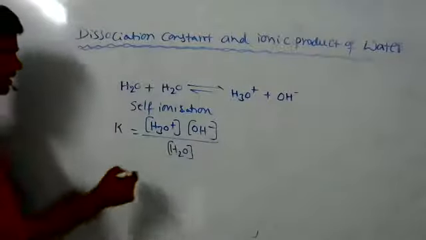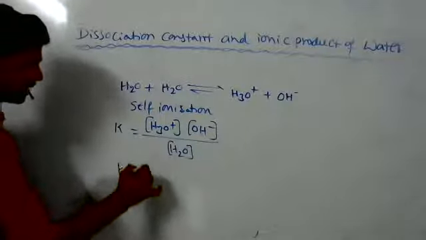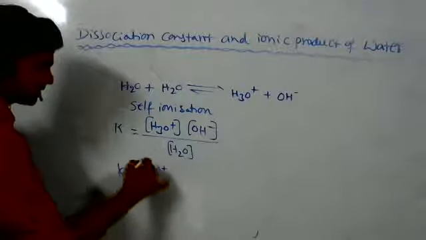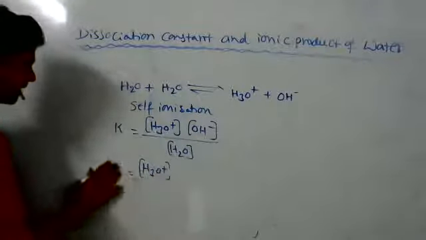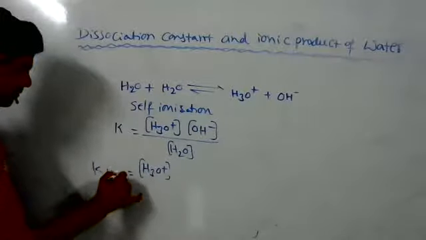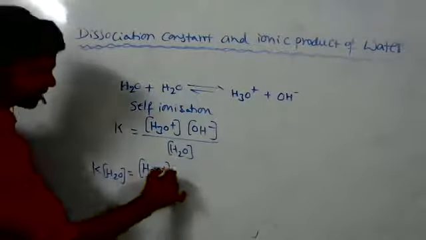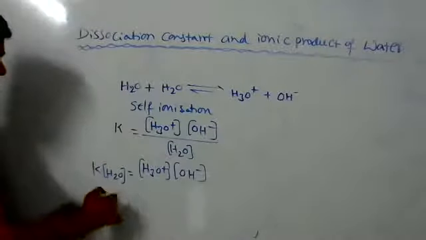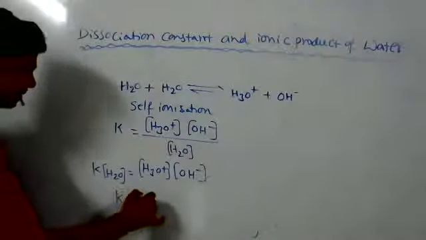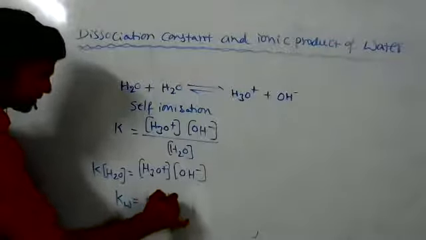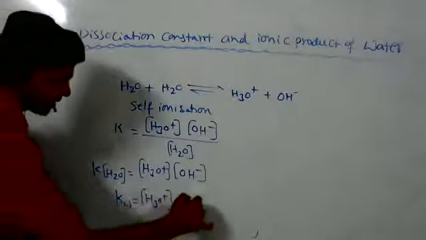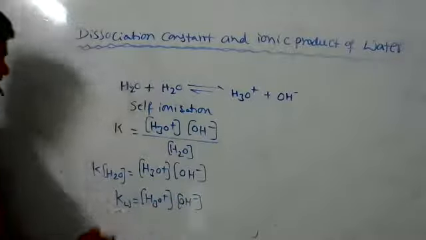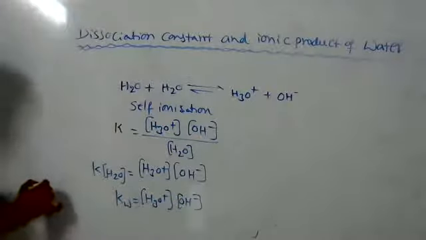But H2O concentration is 1 only, since we are taking a pure liquid. So K into H2O equals H3O+ concentration and OH- concentration. We write K into H2O as Kw. Kw only is called the ionic product of water.